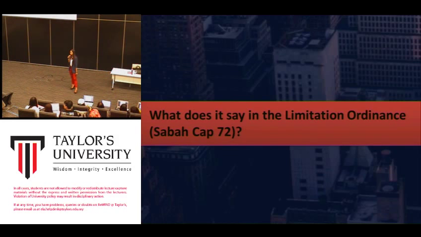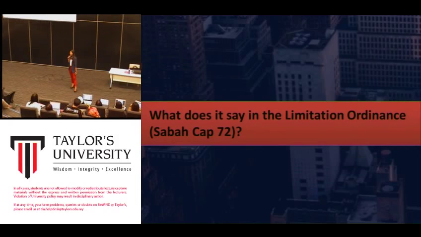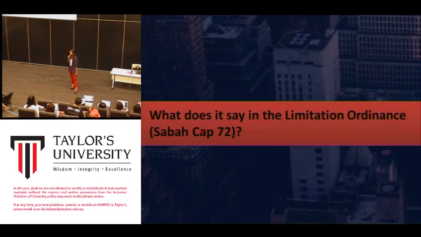But at the moment, the act has been abolished. It's still in the process of being abolished. But if you want to go to the Anti-Fake News Act, you need to look through Section 1. What does it say? And then you need to establish Section 1, and then you go back to the Limitation Act.